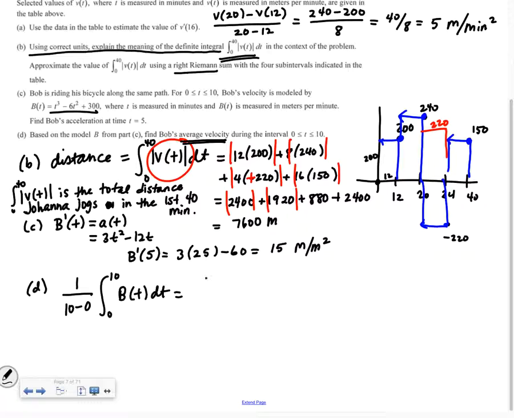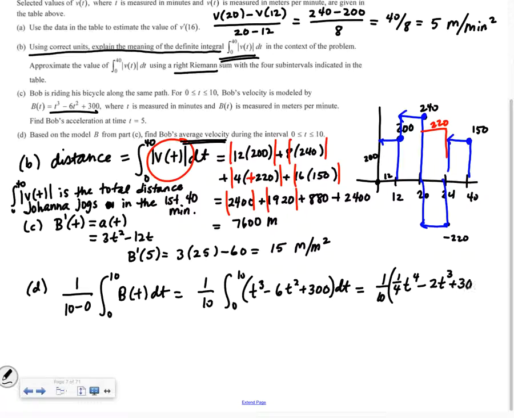And you can write it like that to begin with. But then we're going to integrate the t cubed minus 6t squared plus 300. This is a non-calculator question, so we have to do that all out. It takes a little bit. So I get 1/4 t to the 4th minus 2t cubed plus 300t. And luckily we have nice numbers 0 to 10.